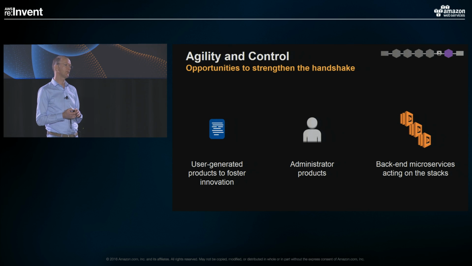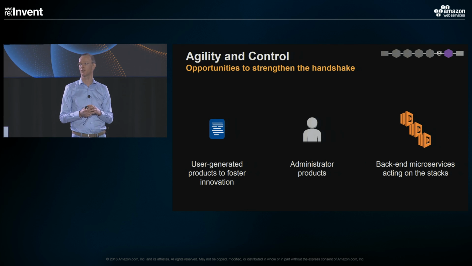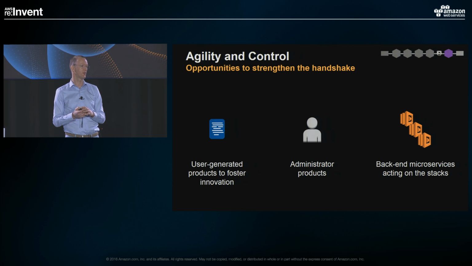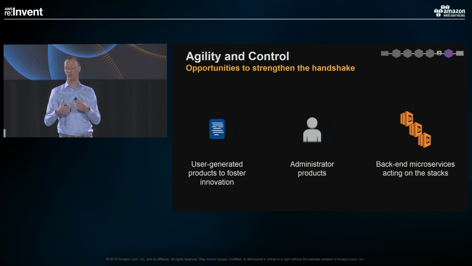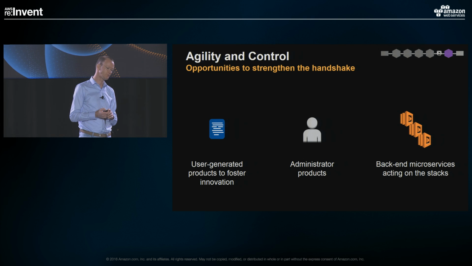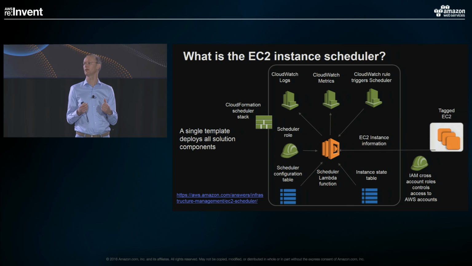And the last one, and I want to zoom in on this one a little bit, is you can think of microservices acting on your launched products. Lambda functions which act upon your launched products and perform actions in order to reduce your cost and increase your agility. Let's take a specific example here. We just recently made available an EC2 Instance Scheduler.